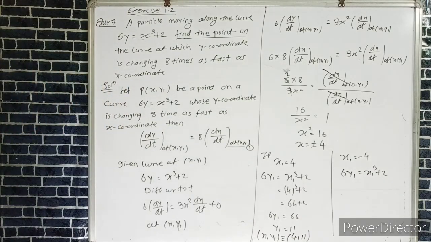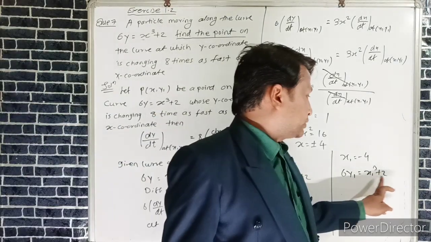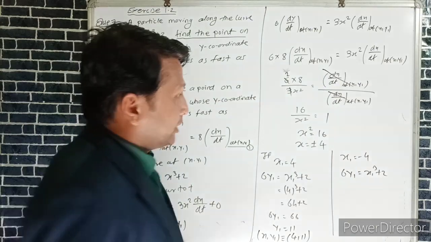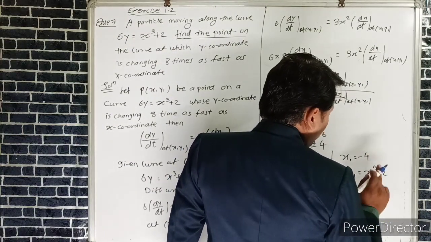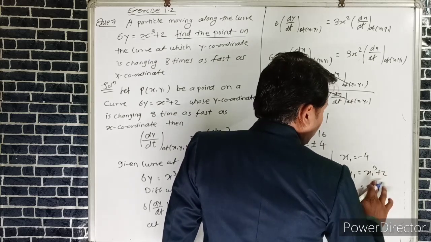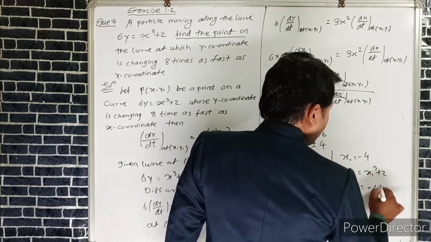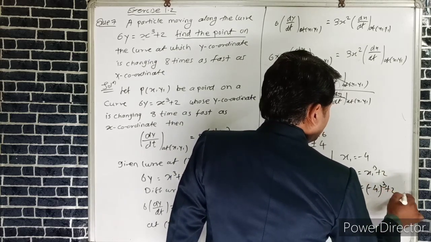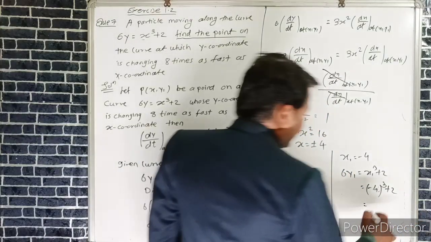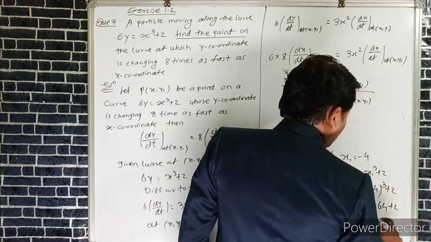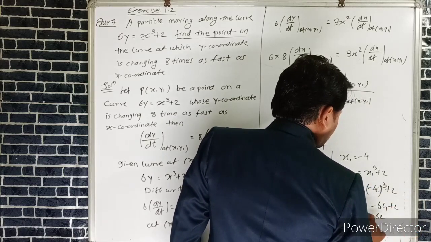Also, 6y1 equals x1 cube plus 2. If we put minus 4 on the right side, the value of x1 is (minus 4) cube plus 2. The cube of 4 is minus 64, plus 2 gives minus 62, so 6y1 equals minus 62.